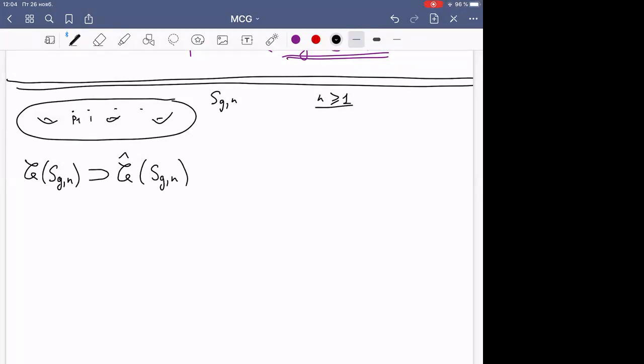In C hat we do not allow a curve which becomes inessential after deleting puncture P1.